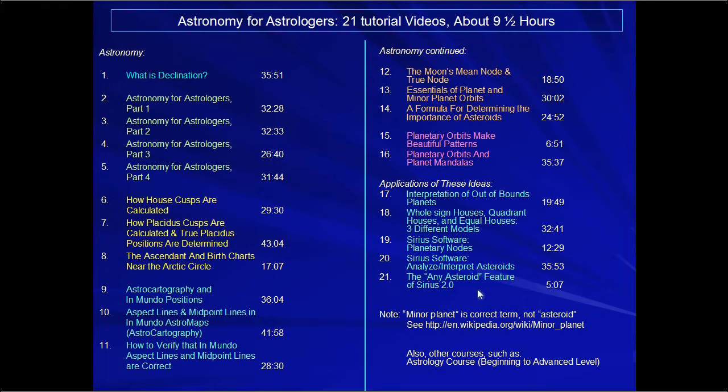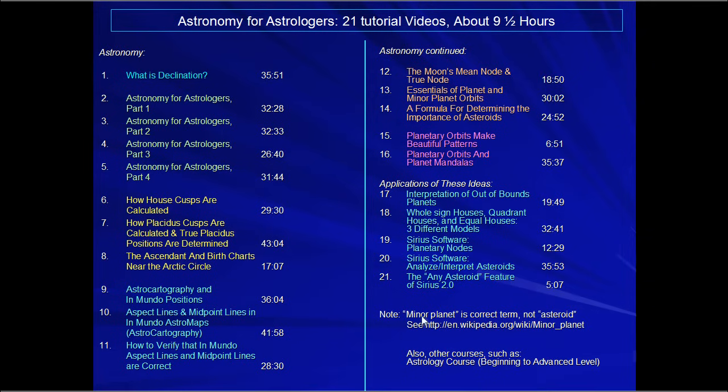And the last video, number 21, is on this any asteroid feature, as we call it in Sirius 2.0, where you can select, as it says, any asteroid or minor planet. It's just a 5-minute quick video on that feature.